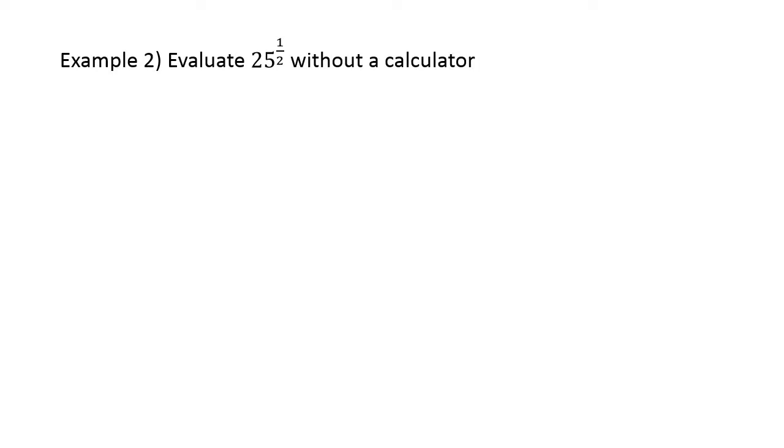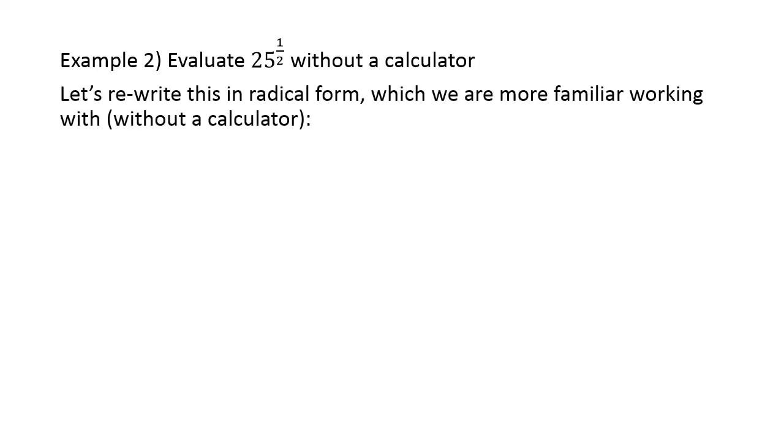Example 2, evaluate 25 to the 1/2 without a calculator. Again, 1/2, that is all within the exponent. Let's rewrite this in radical form, which we are more familiar working with when we're not using a calculator. 25 to the 1/2, so the 2 here becomes the index. The 1 becomes the exponent still tied to the radicand here. And 25 to the 1, of course, is just 25.